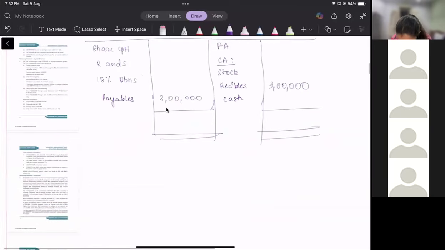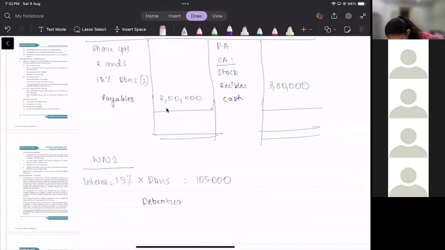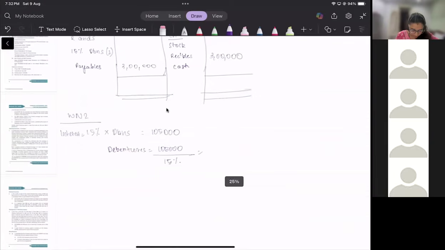So yes, working note number 2. 15% of debentures is the interest, 1,05,000. So debentures would be 1,05,000 divided by 15%.